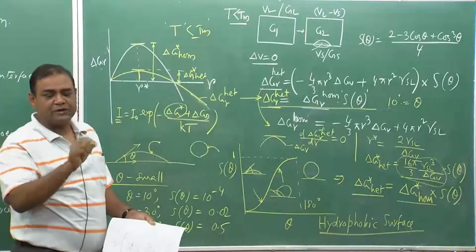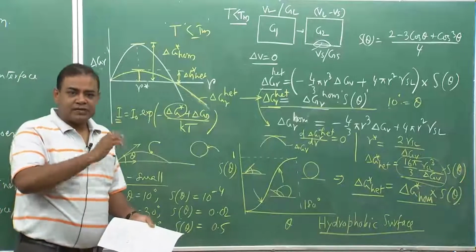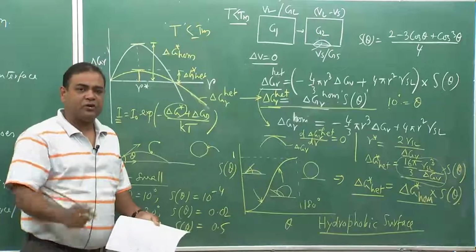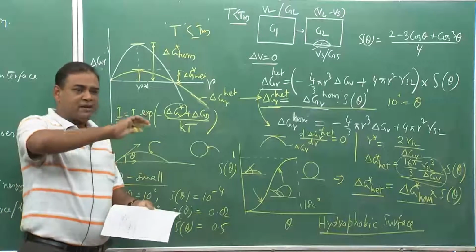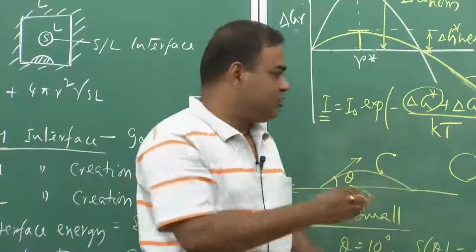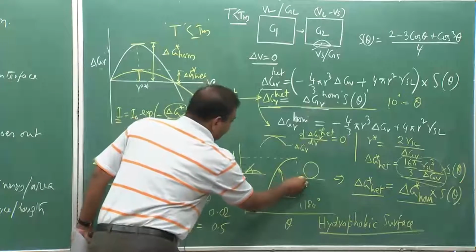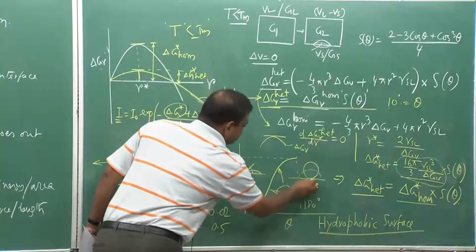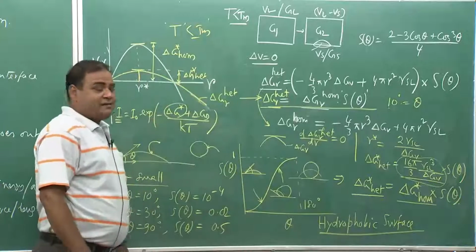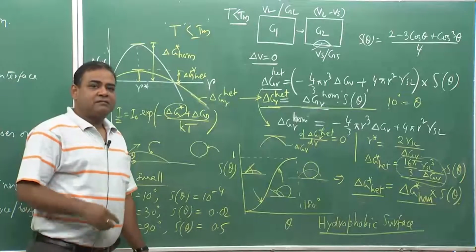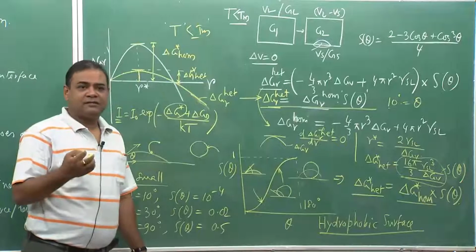Initially it will form a water droplet, but gradually it gets absorbed into the surface, and the water layer spreads. Okay. So, that particular factor we call wetting.